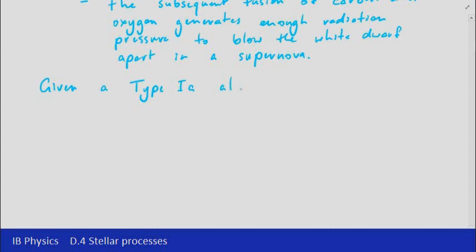Now, type 1a are particularly useful because we know that they're always going to undergo supernova at the Chandrasekhar limit. That means that we know how bright they actually are.